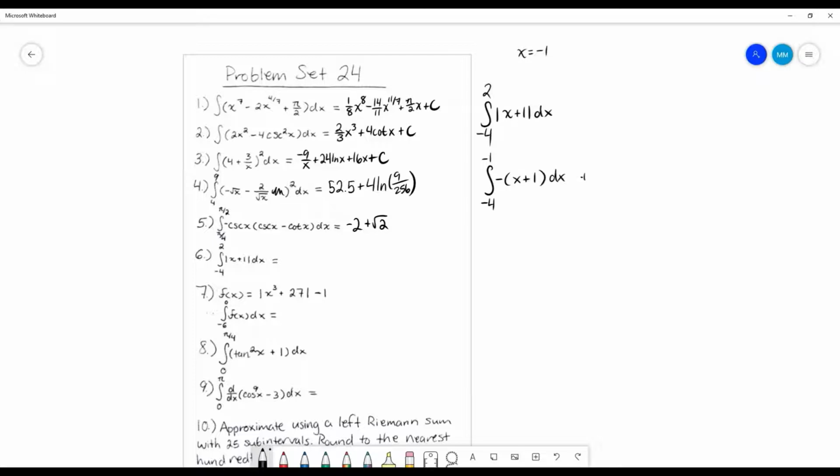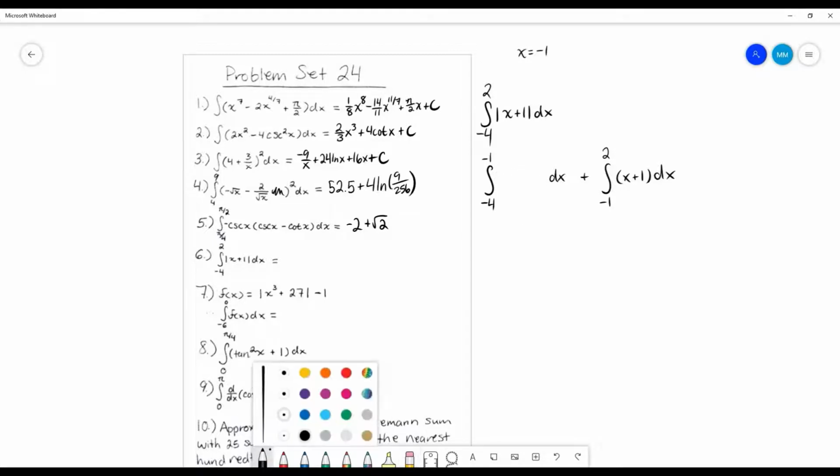And then from negative 1 up to the rest of that, any positive values, it's just going to be whatever's in that parentheses, because there's no need for the absolute value there. So that's how we split up that integral, and otherwise it's just a normal integral. Of course, I can distribute that negative, so it's going to be negative x minus 1, which just makes that integral a little bit easier.